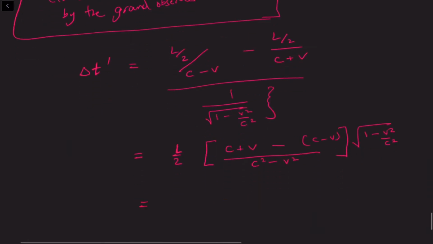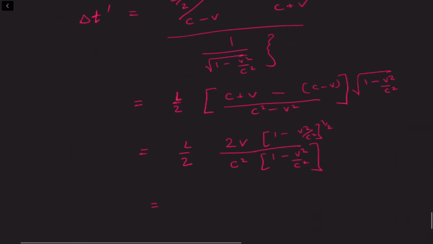So that gives us L over 2 into 2v over, let me pull this out as c square, 1 minus v square by c square into the square root of 1 minus v square by c square.